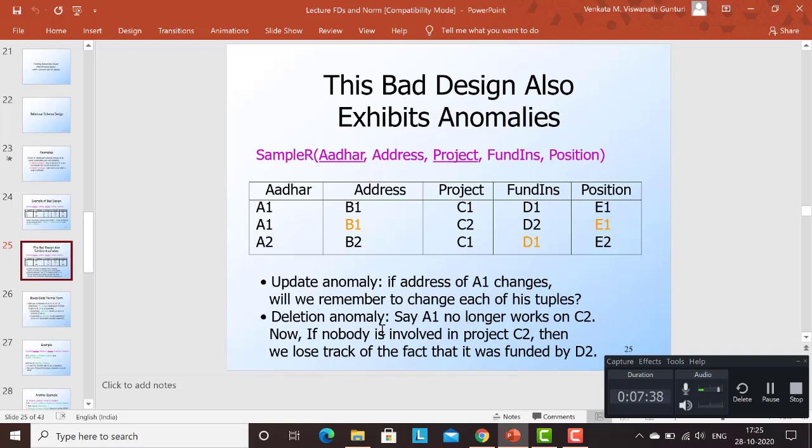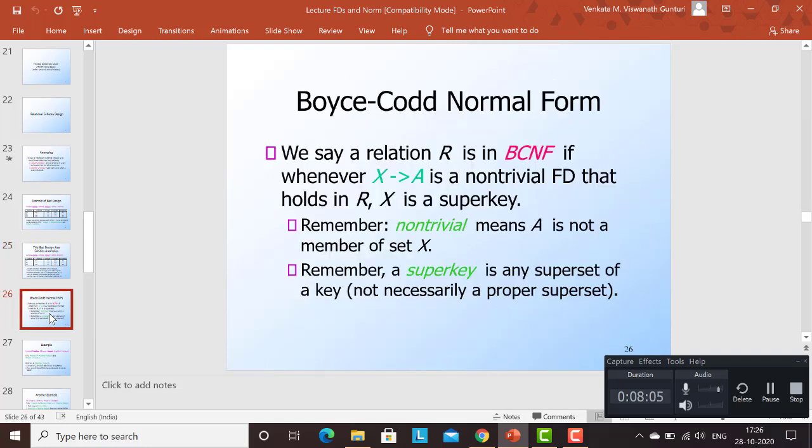Of course, different normalization techniques have different shortcomings, but nevertheless our goal is to hit all these three problems. In addition, there is something else called lossless decomposition, but for now set your goals for normalization as minimizing data redundancy, no update anomaly, and no deletion anomaly.